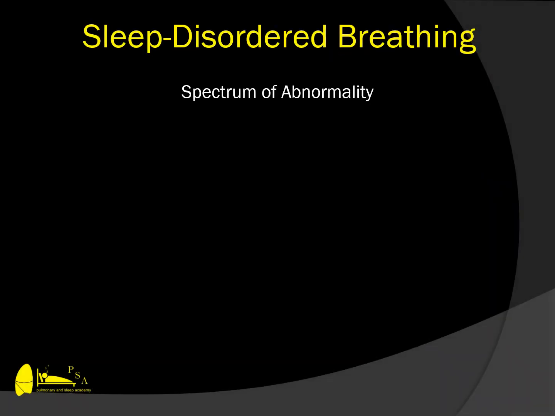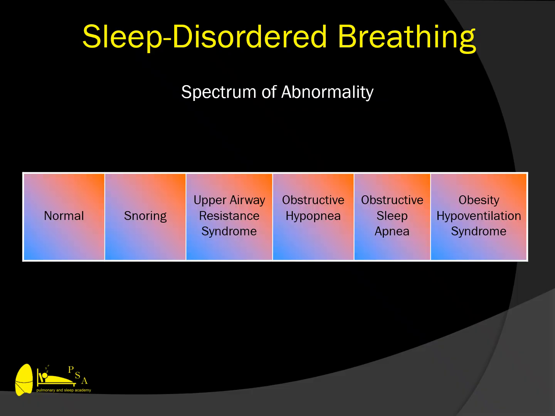Back in the 1960s, there was a perception that OSA was a rare condition, only occurring in the morbidly obese patient. And over the last 5 decades, we've recognized there's really a spectrum of disease that begins with snoring and then progresses in severity. With this spectrum, some of the features on the left include symptoms such as snoring, and then this may progress into conditions such as upper airway resistance syndrome and hypopnea.